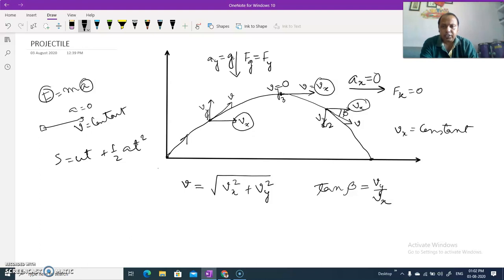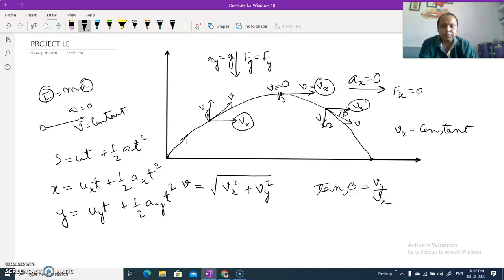So along the x-axis it can be written as x equal to uxt plus half axt square, where obviously ax is 0, so the second term will not exist here. And along the vertical direction, the displacement is given by y equal to uyt plus half ayt square.